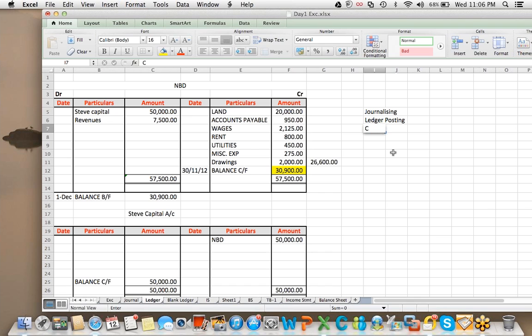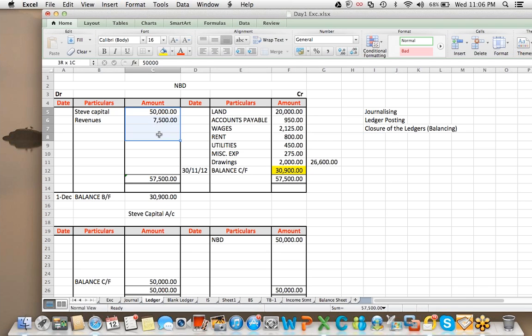Now, closure of ledgers. That is called balancing the ledgers. How do you balance it? The system automatically takes care of it because the formula is written like that.